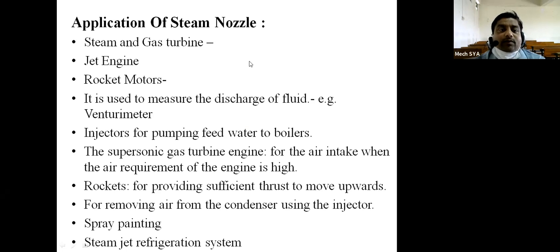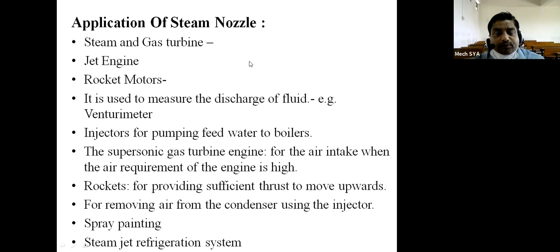So applications of steam nozzles. It is used in steam and gas turbines and jet engines where we want more velocity, and in rocket motors. It is used to measure discharge of fluid, for example, in a venturimeter. Then injectors. Supersonic means generating the velocity to rotate gas turbines at more than the velocity of sound.